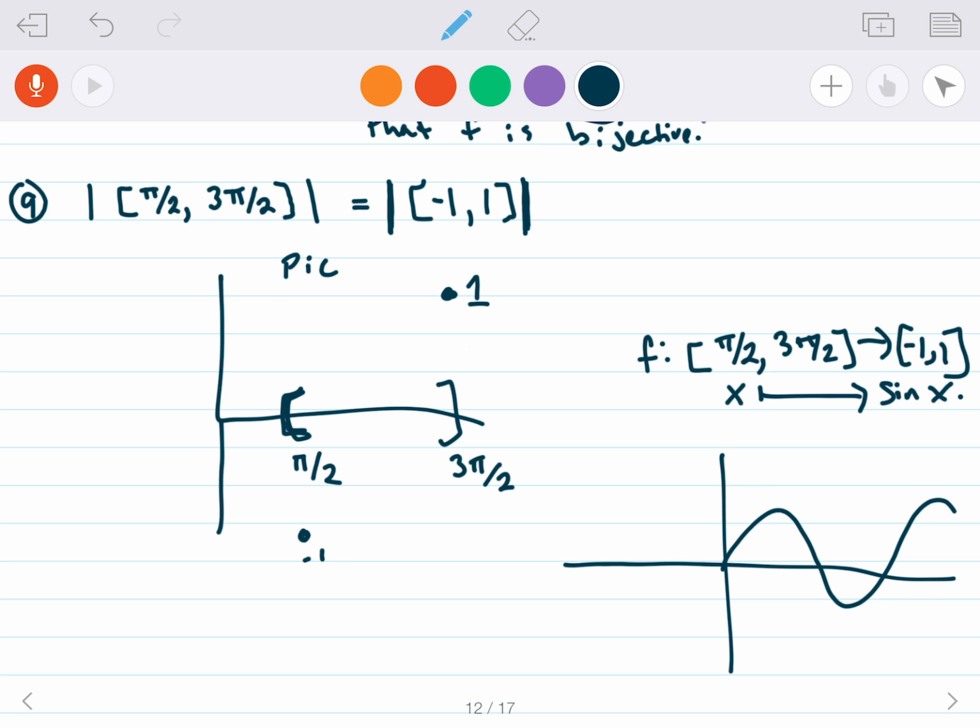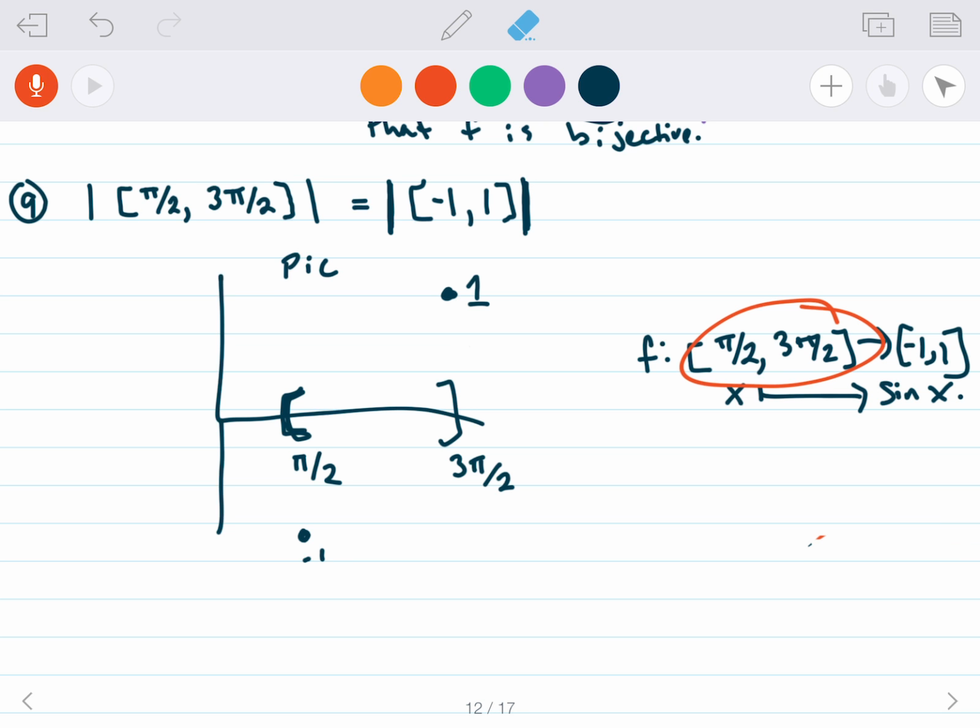So we definitely don't have injectivity in general, but along this interval we do, because the period of sine is 2 pi, but notice that pi over 2 and 3 pi over 2 are only pi apart. So there's no problem here. We're not going to get a hump or anything where injectivity fails.